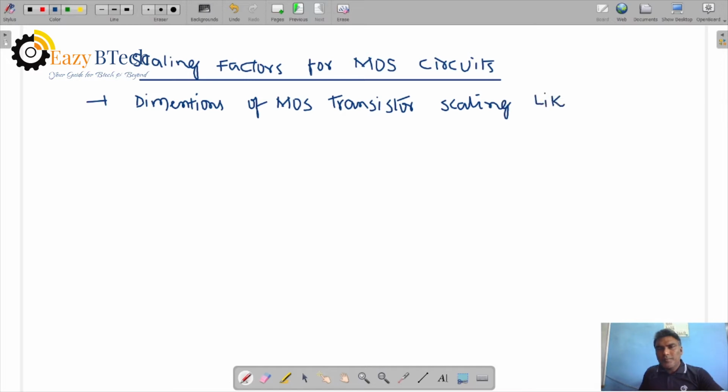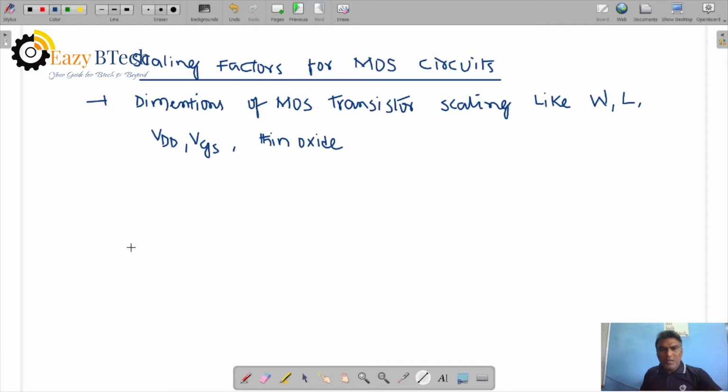Like we can scale width parameter, length parameter, width, length, VDD, VGS. So all these parameters are changed. We can change the thin oxide also. Let us see the MOS structure.